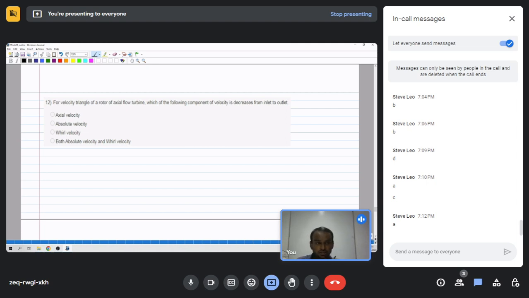For the velocity triangle of a rotor of an axial flow turbine, which of the following components of velocity decreases from inlet to outlet?